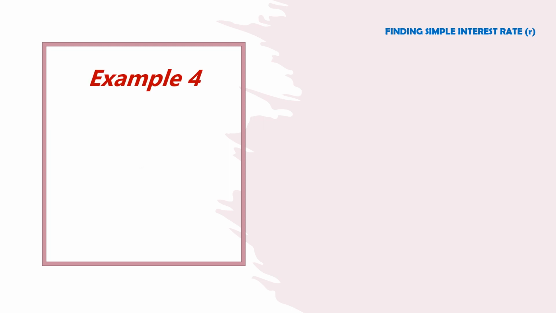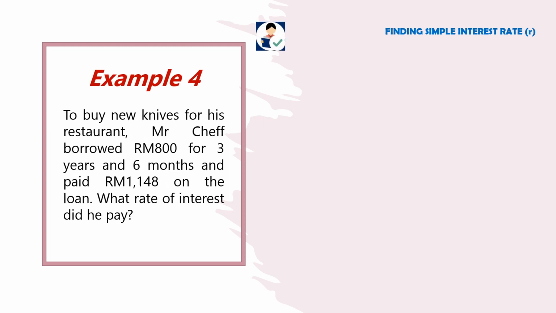Example 4. To buy new knives for his restaurant, Mr. Cheff borrowed 800 ringgit for 3 years and 6 months and paid 1,148 on the loan. What rate of interest did he pay?